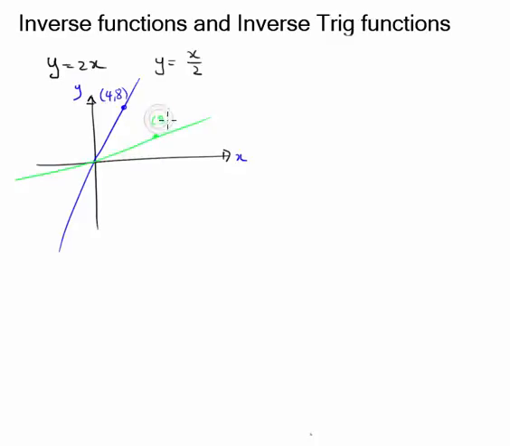So one thing that we notice here is that these two curves, a function and its inverse function, are kind of symmetrical with respect to this main diagonal. This diagonal is, of course, as you might expect, y equals x.